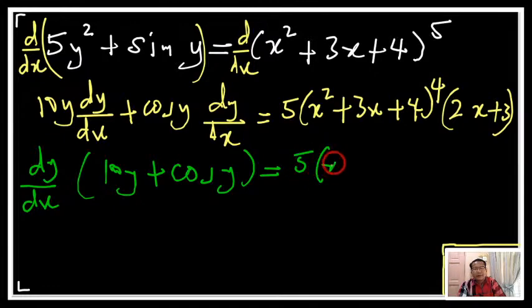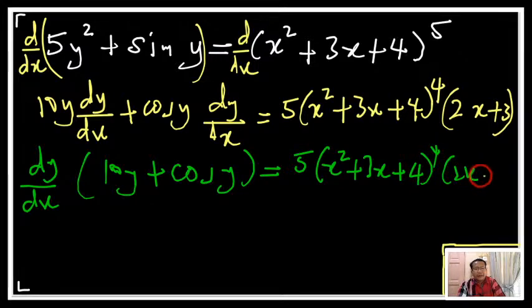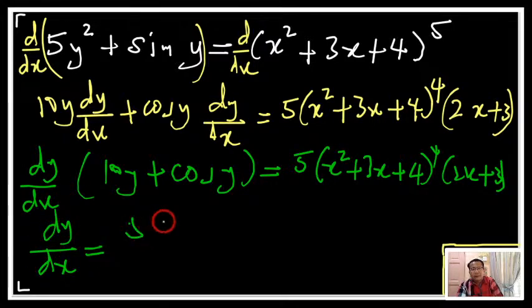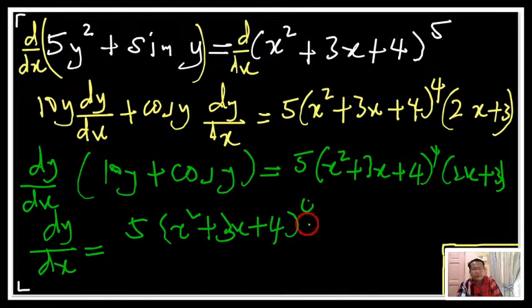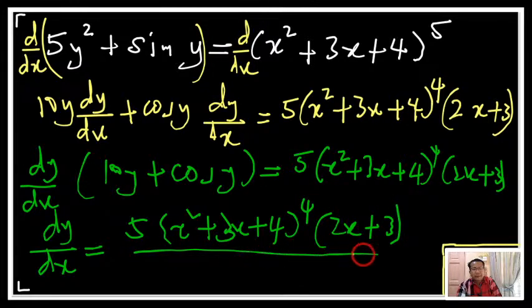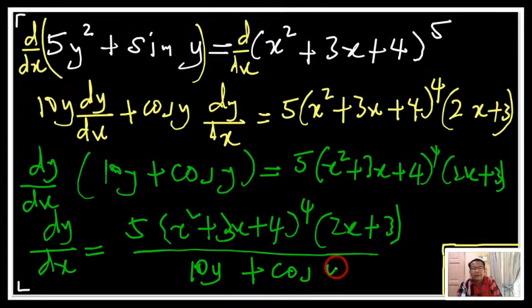So finally, dy/dx is equal to 5(x squared + 3x + 4) to the power 4 times (2x + 3) over (10y + cos y).